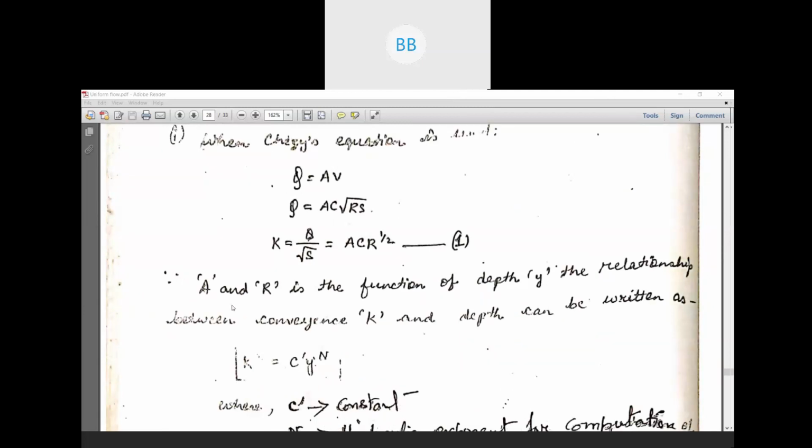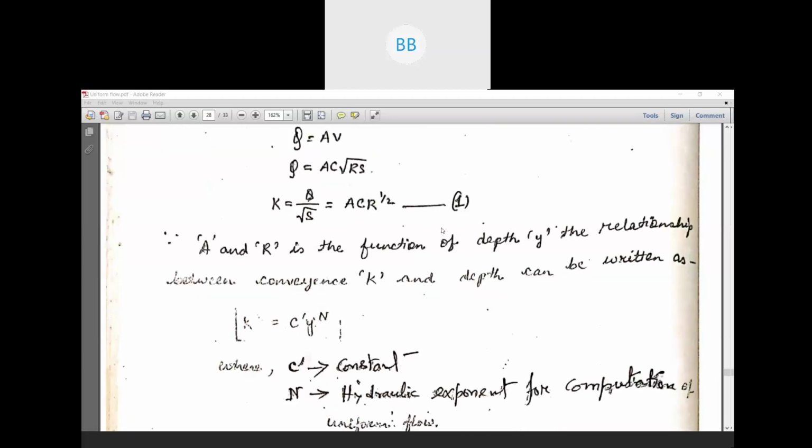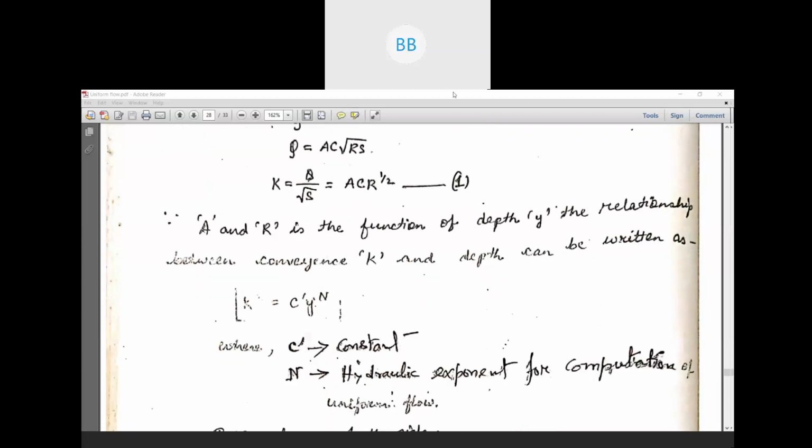Then you write, since A and R are a function of depth y, the relationship between K and depth. Area and hydraulic radius are always a function of y.